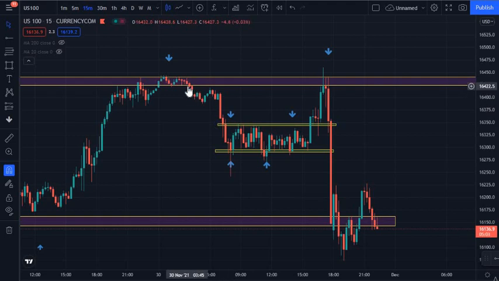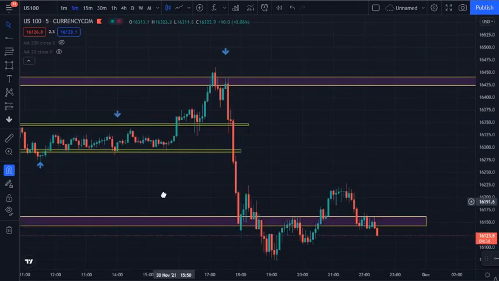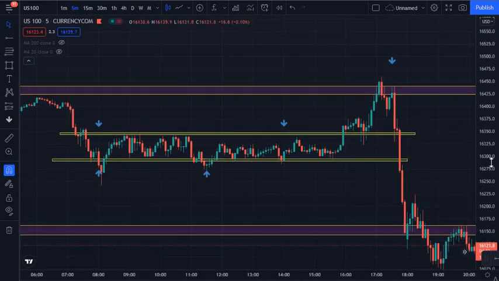From yesterday's high, you see price pushed out, broke our major zone, and it's forming a small area of value, our consolidation area, where price is playing out throughout the London session going towards the New York session. This is where price is playing most of the day.